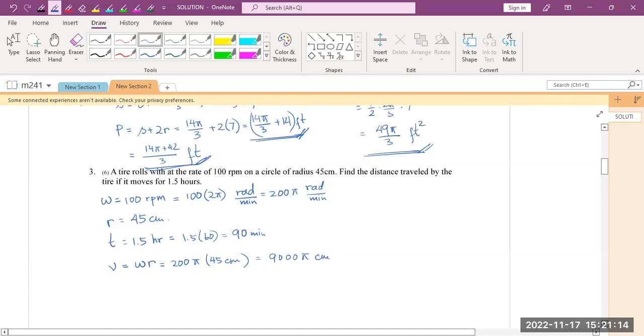Actually, this is per minute, which is 90 pi meters per minute.